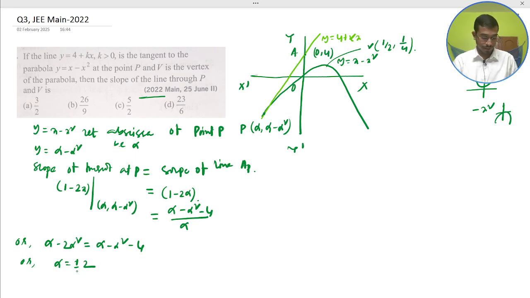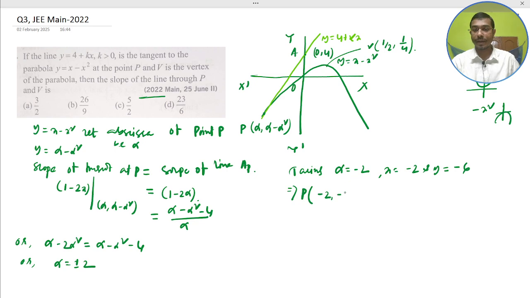Taking alpha minus 2 as the first case, x should be minus 2 and y should be minus 6. So the point P would be (minus 2, minus 6).